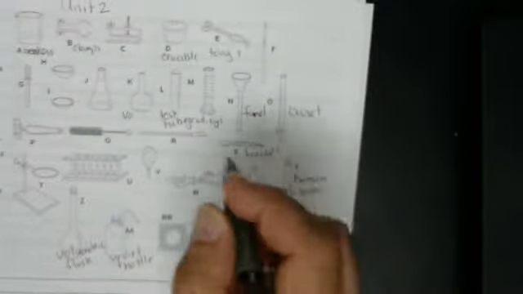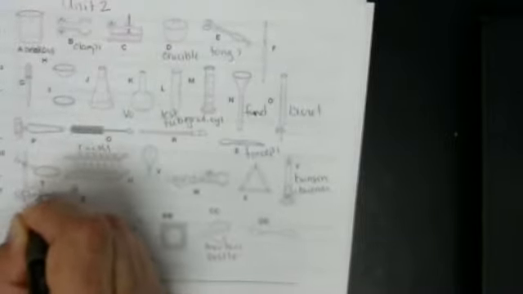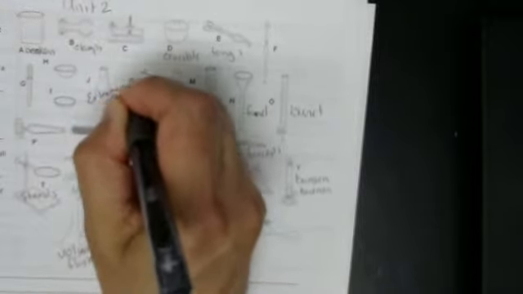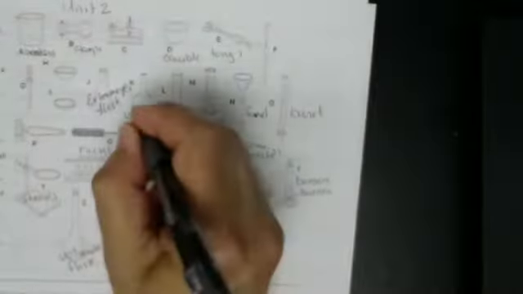And forceps, also known as tweezers to the rest of us, and scrapers and racks and stands and Erlenmeyer flask. Anyway, we've used all sorts of these as the years progressed.